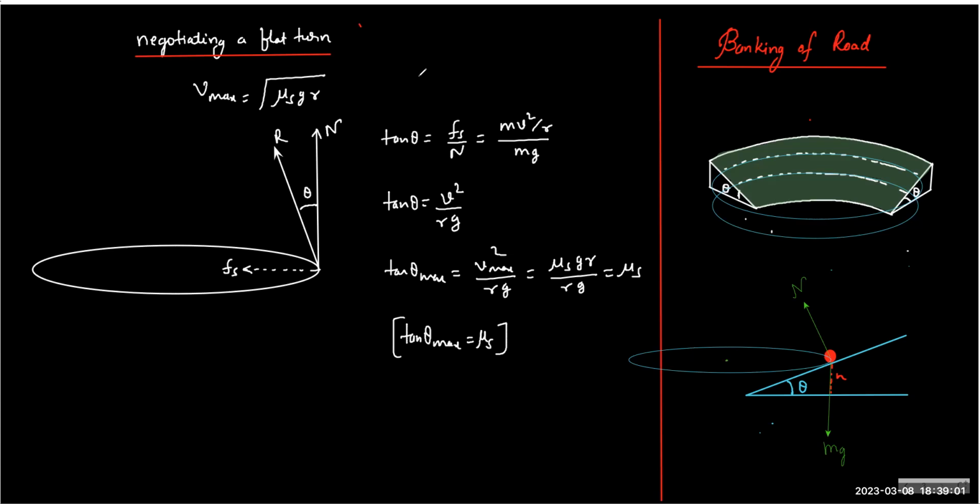Tell me guys one thing. In the previous case, what was the component of normal in the direction of the circle, or in the plane of the circle? In the plane of the circle, what is the component of normal? Any idea?